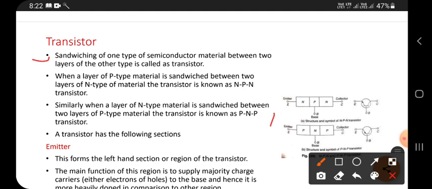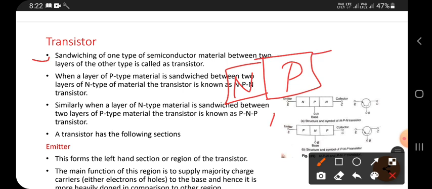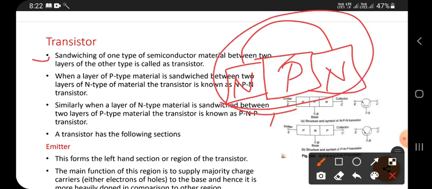For example, let here we have the p type material. On this side join n type material and on this side join n type material. So these two materials are the same but the middle material is different. This process is known as sandwiching. Sandwiching like this is called a transistor.